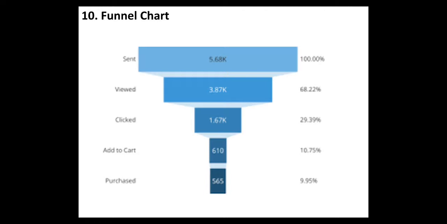That means first we consider 100%, then it decreases progressively, and it ends with a lower percentage, indicating how something drops out of the process at each step or stage.